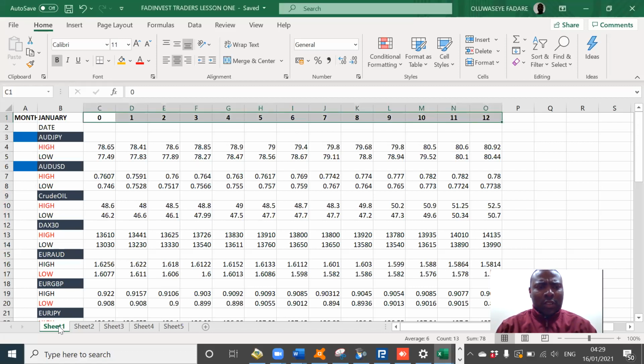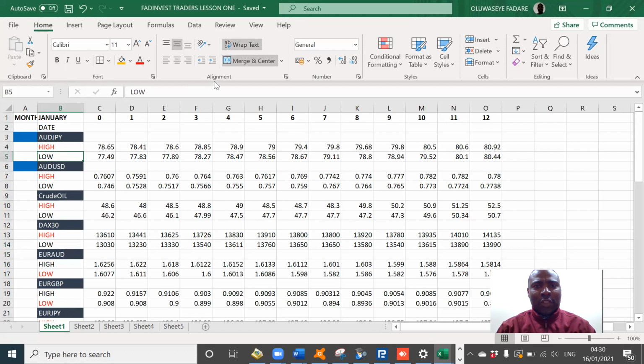So this is an example of the data that we have been able to pick. As you can see here, the high and the low for each of these products.